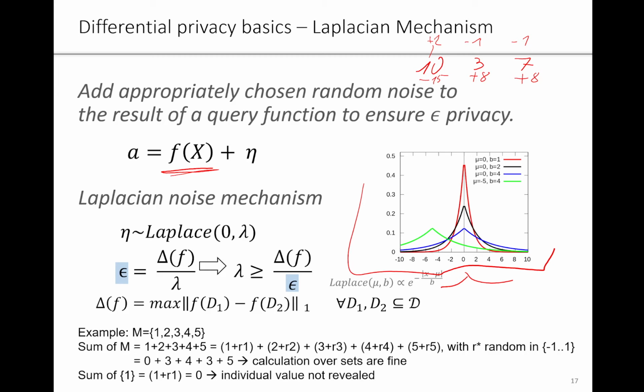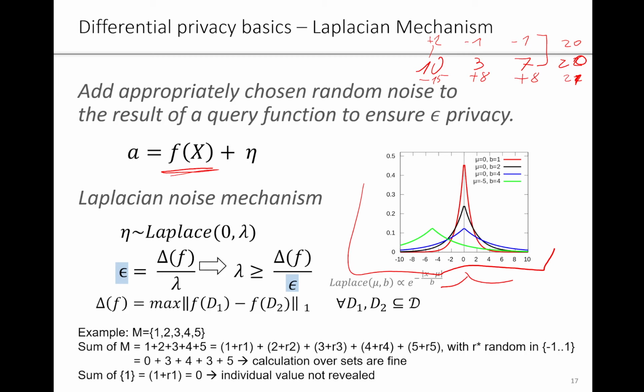So if you have a small kind of randomness added, the sum is still 20. The sum was previously 20, and now the sum is, so 10 minus 15 and so on, so it will be, let's say, 21. So on average it will be 20. It will stay the same, but the more noise you add, the more there might be some kind of deviation from the true value.